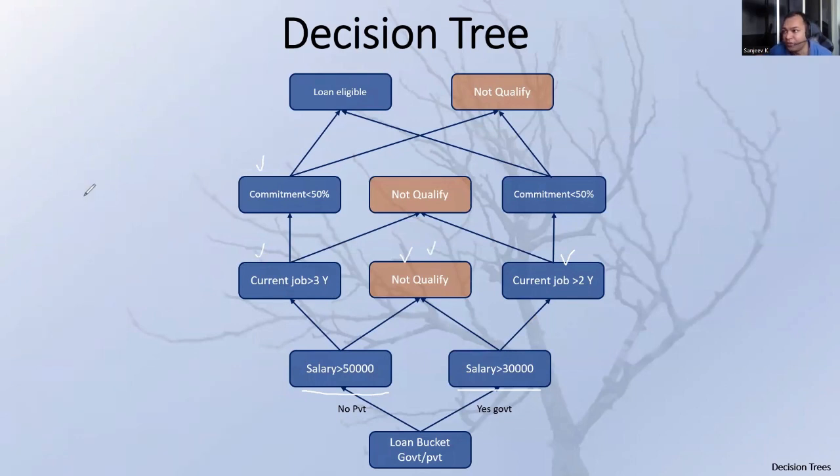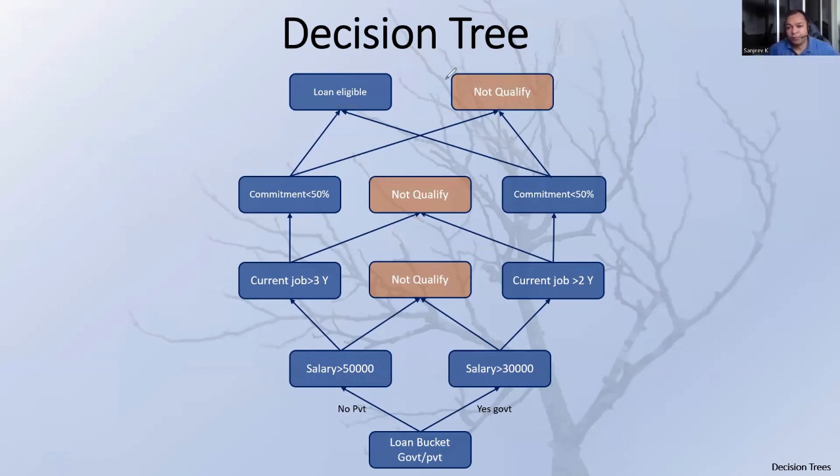So for example, say the salary of the person is 40,000, and in this 40,000 he already has a commitment of 20,000. Because he has already reached the 50% threshold, we cannot give a loan to this person. That is how we ask more and more questions, and we try to derive whether the person is going to get a loan or not.